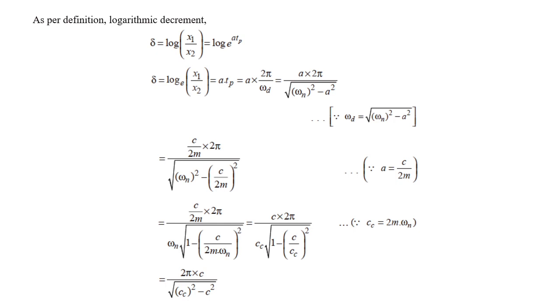Pause the video and do the calculation on your own. You will get the value of delta is equal to twice pi c upon square root cc square minus c square. So this is the value of delta, that is logarithmic decrement.